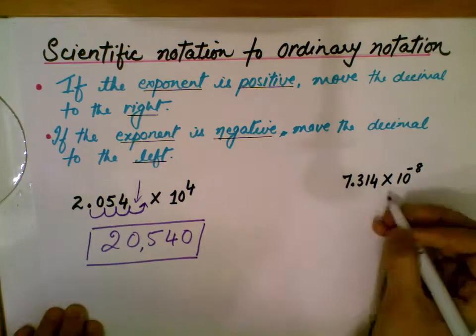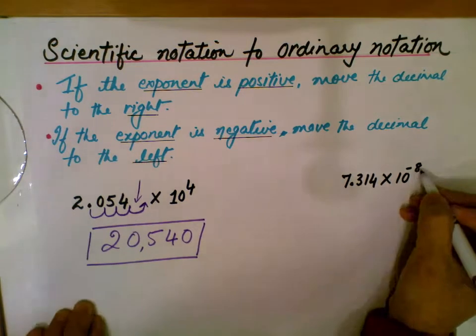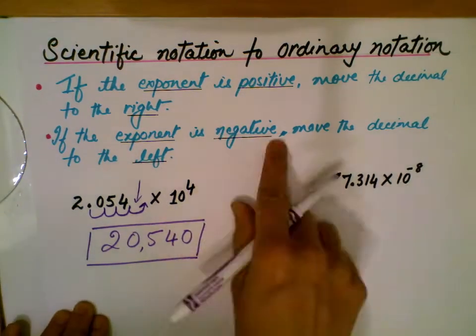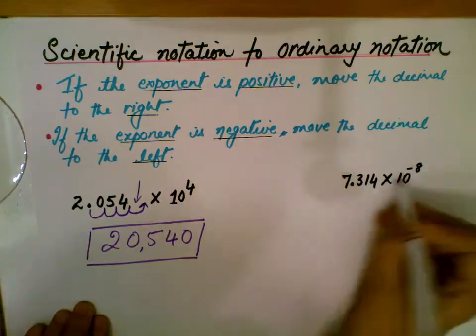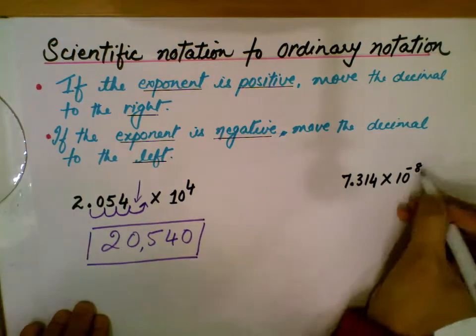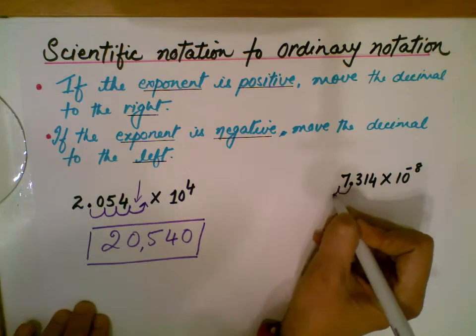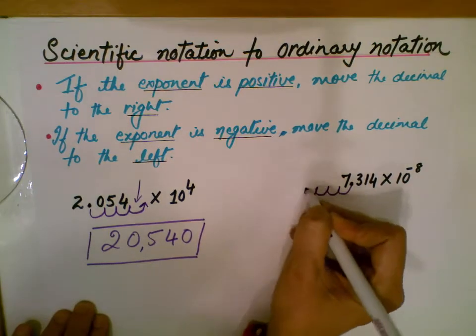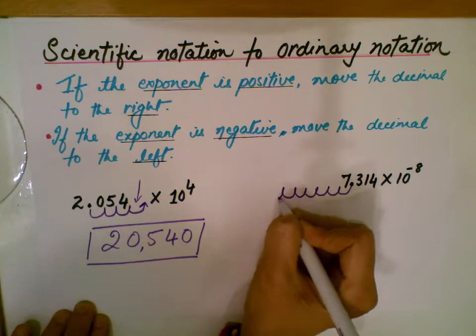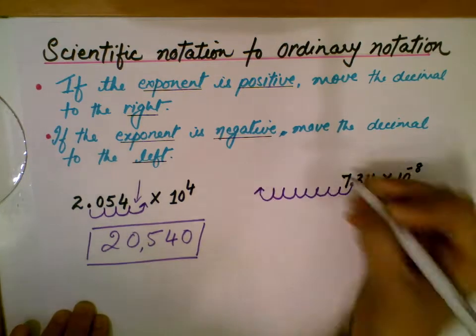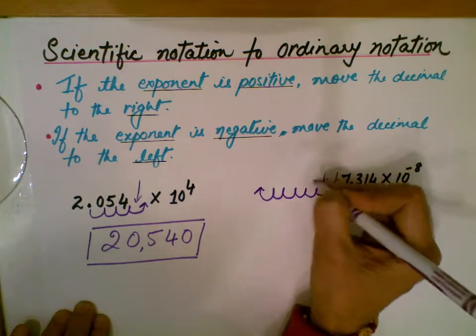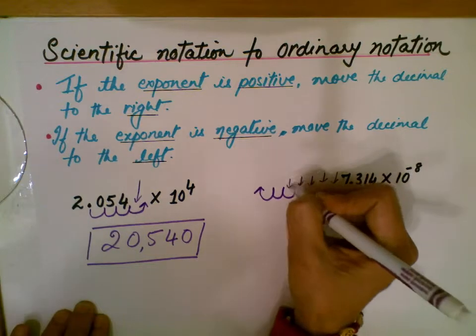Now in this case, this is a negative power. So when you have a negative exponent, you move the decimal to the left. How many places am I going to move left depending on what power I have? I have negative 8. So 1, 2, 3, 4, 5, 6, 7 and 8. So here I'm going to insert zeros in those notches.